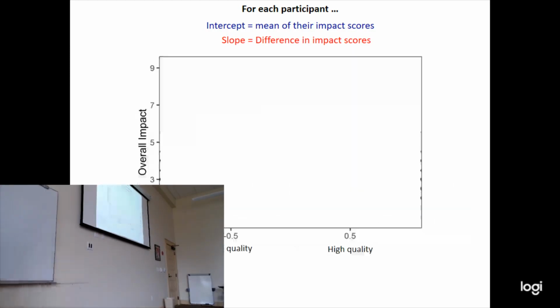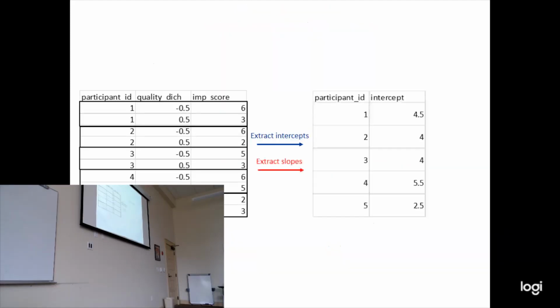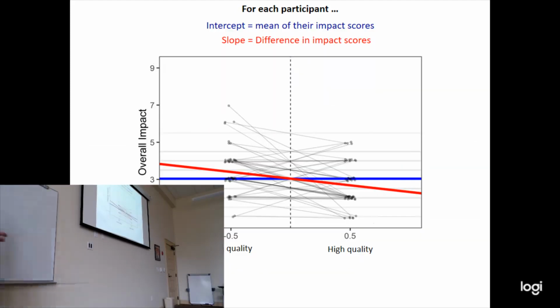So what I've done here is I'm showing all the data points on one panel, and I just drew a slope for each reviewer and a very faint horizontal line representing each reviewer's intercept.